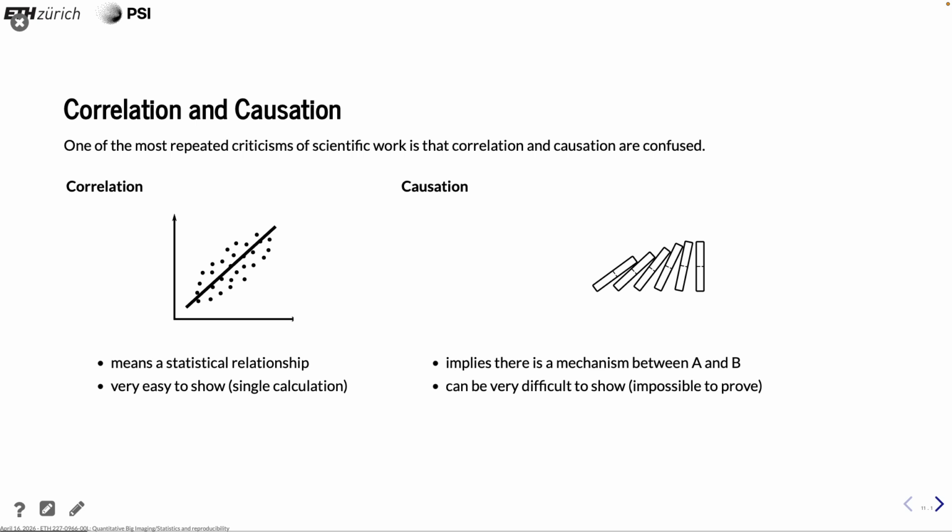But what mostly is actually done is a controlled experiment where you look at causation. So if you change a variable, what is the effect on the outcome? That is very difficult to show unless you have a very controlled experiment setup.